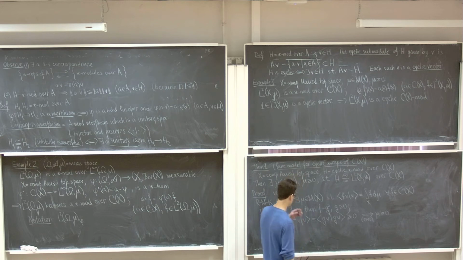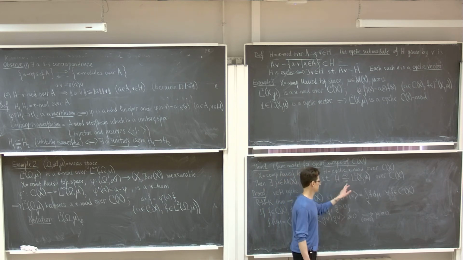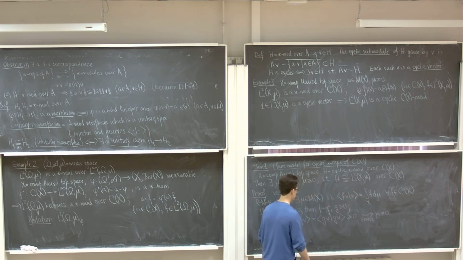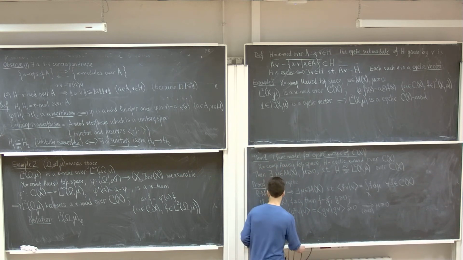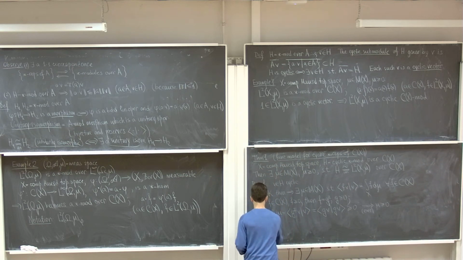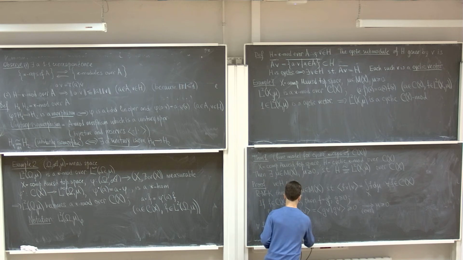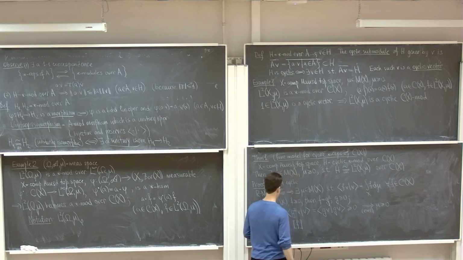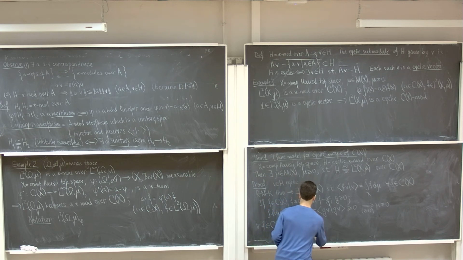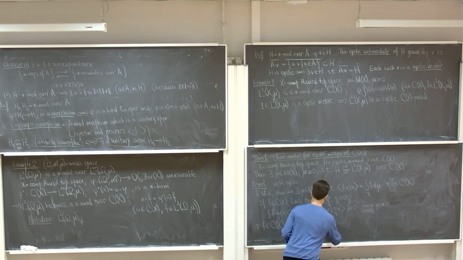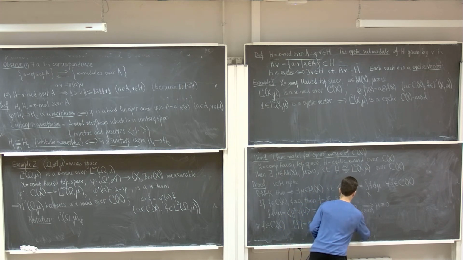Okay, let's now construct this isomorphism. Let's introduce some notation. For each continuous function f on X, let's denote by f in square brackets the equivalence class of f in L2(X, μ).